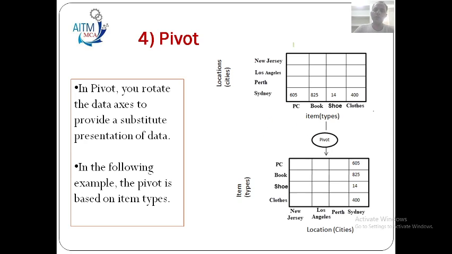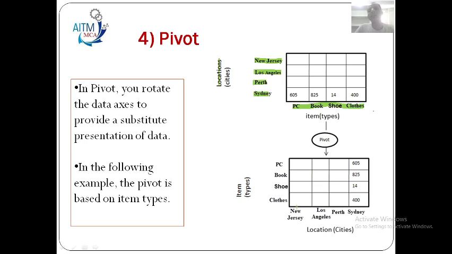Now in the cube, here cities will be there row wise. These represent the cities or locations, and here columns represent items. Now I will rotate, or I will pivot this way.